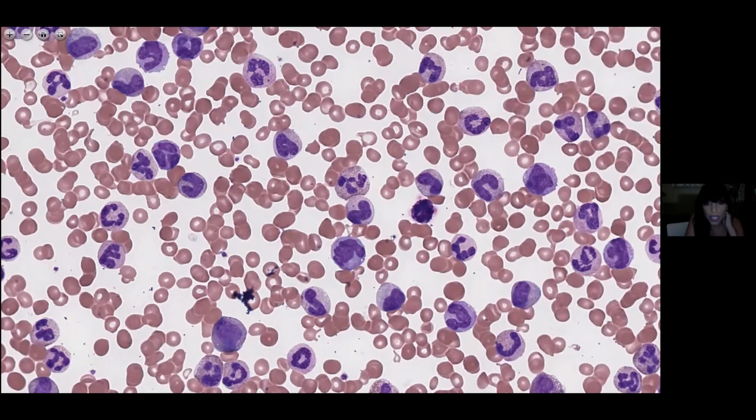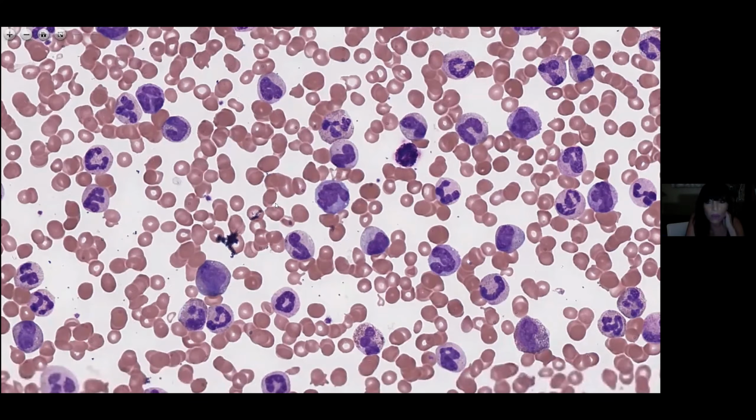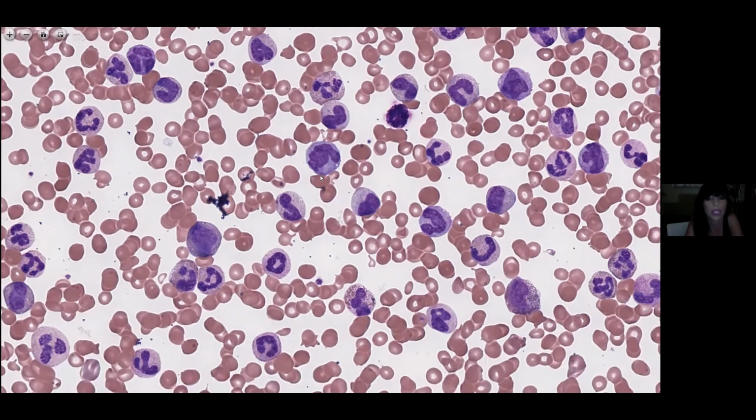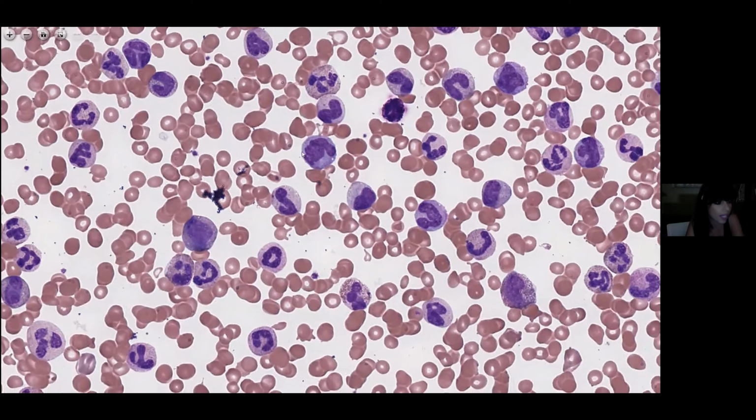Another basophil here and a monocyte. And the monocytes are the largest of the white blood cells. And sometimes I'll even see they have rougher borders, and that sky blue and sandy cytoplasm.